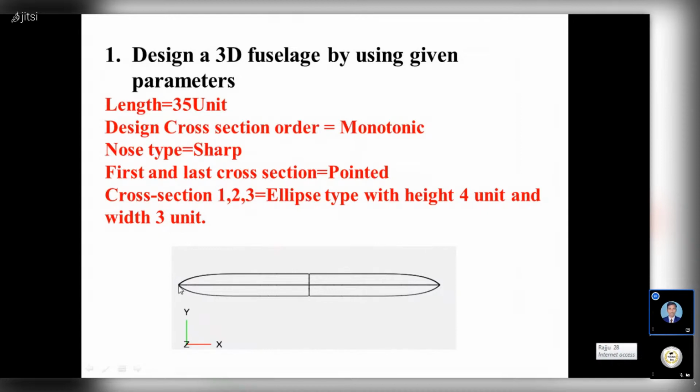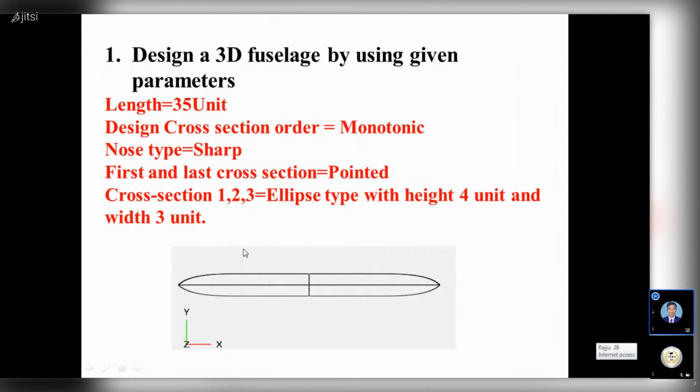This means the nose type we have at the first and last, the front side and the rear side, should be sharp. The first and last cross sections should be pointed and sharp.